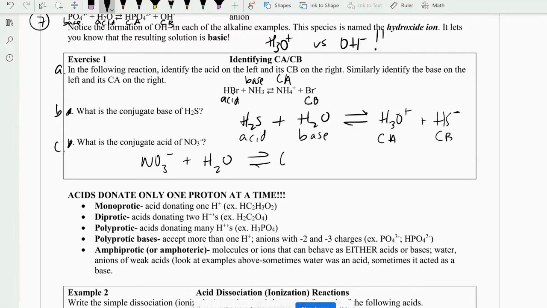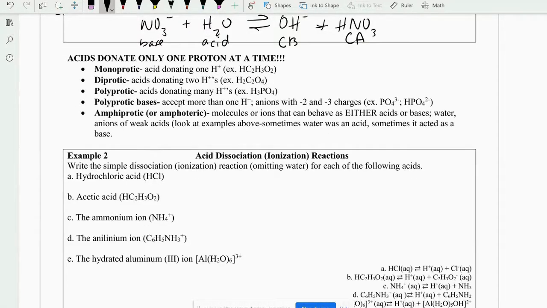So my guess is it's going to take the hydrogen from water to form hydroxide, and then that NO3 minus will pick up a hydrogen to form HNO3. So this would consequently be your base because it's going to accept the hydrogen, and then that would be your conjugate acid over here to the right. And the water is going to act as your acid, and the OH would be your conjugate base.